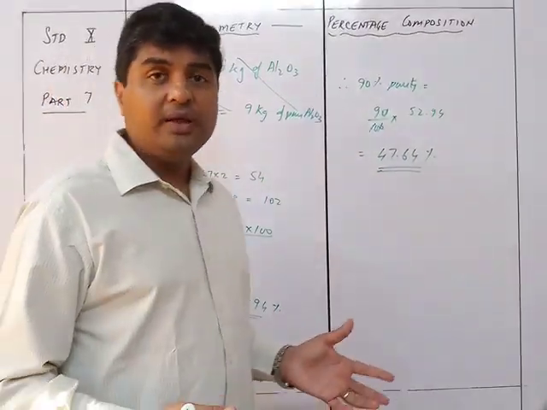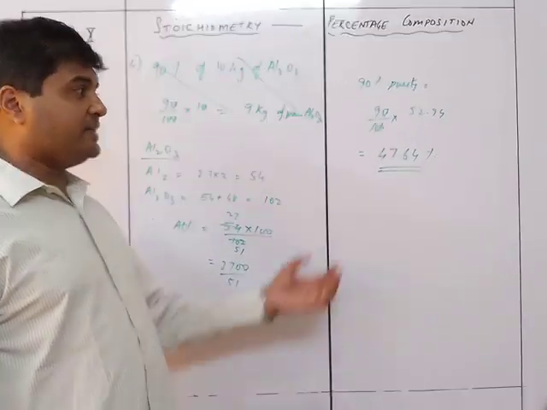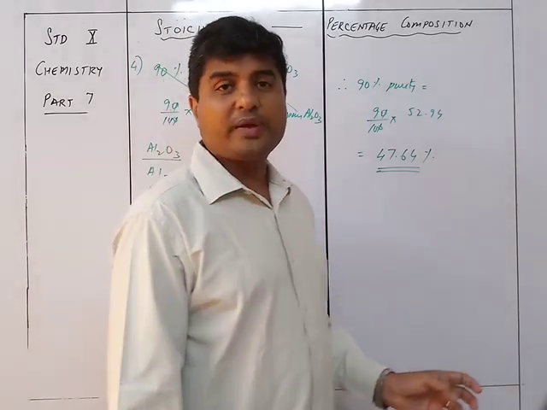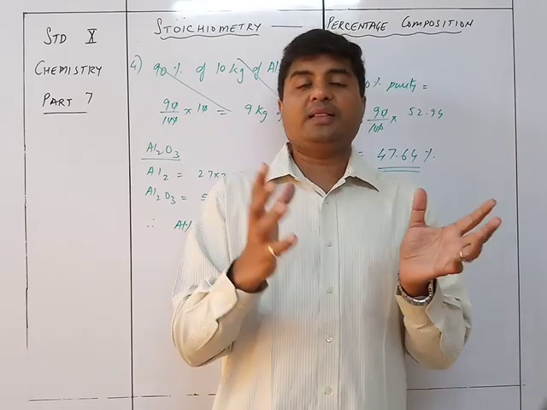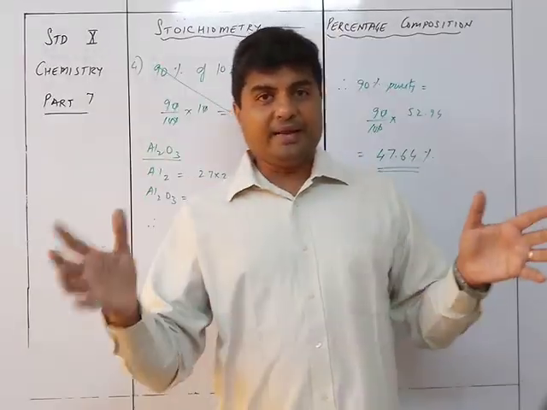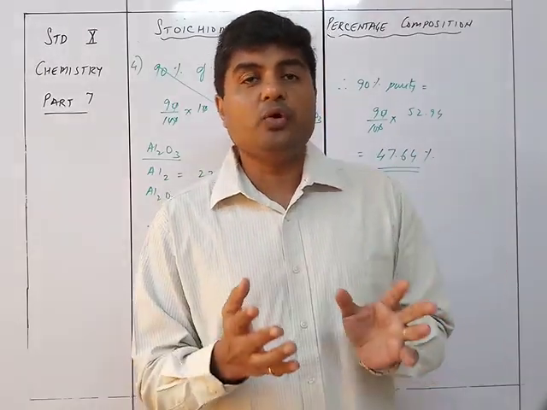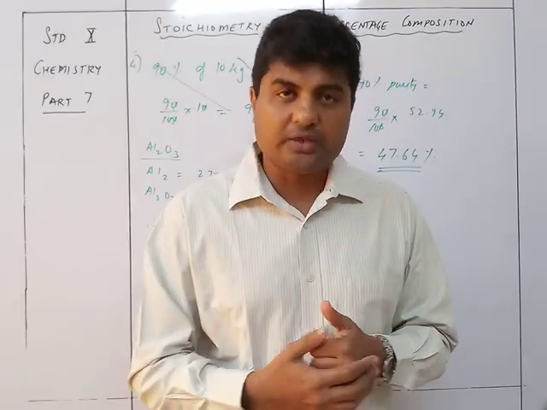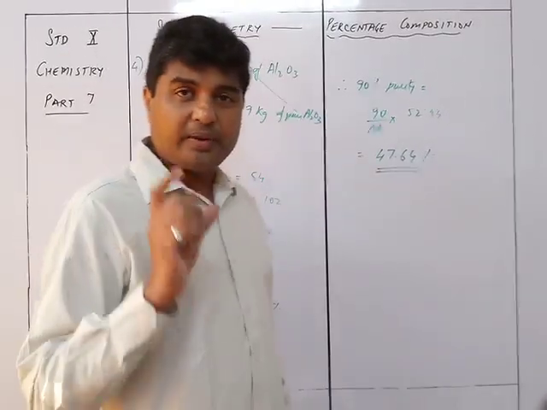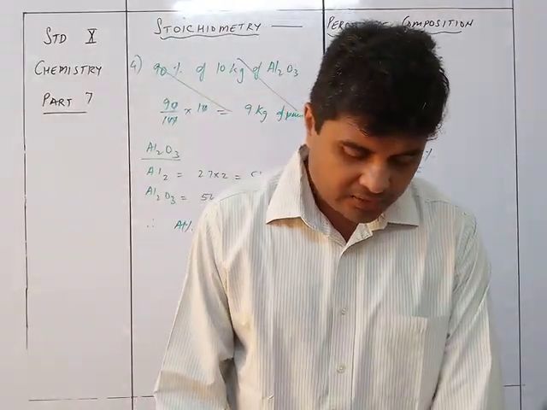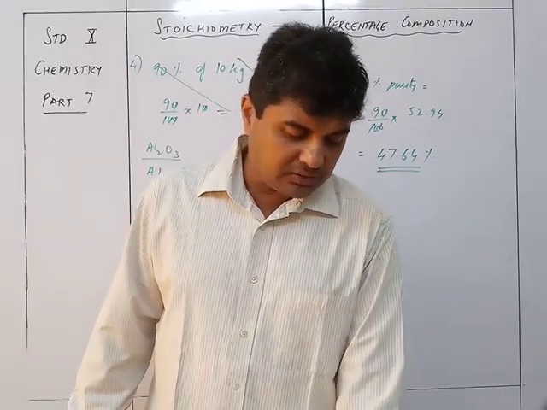Because it is not 100% and there are impurities of 10% in it, that's why the percentage of aluminum decreases to 47.64. Because we are comparing the weight of aluminum in 10 kgs. Actually if we found it in 9 kgs, we would get pure aluminum, but we are not doing it in 9 kgs. We are finding the percentage of aluminum in 10 kgs. That's why we are going to take the 90% of the total 100% of the aluminum in a pure one. So that gives you 47.64%.